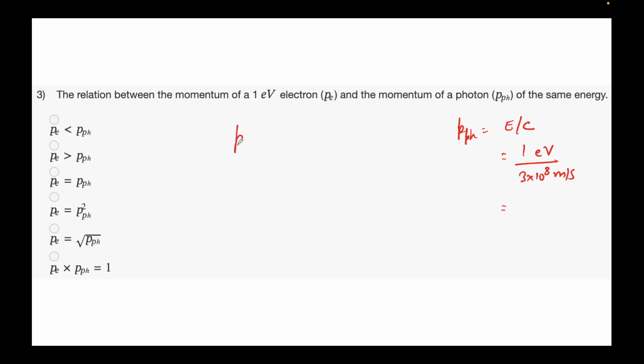Okay, let me just also calculate the momentum of the electron here. So now remember that E equal to P square by 2m. Just hold on a second, let me do this.